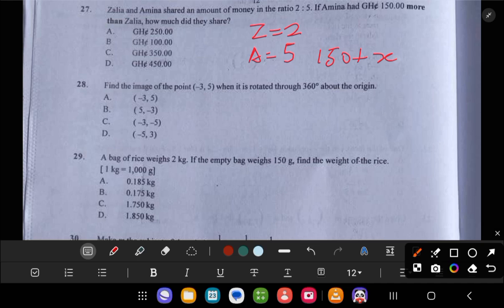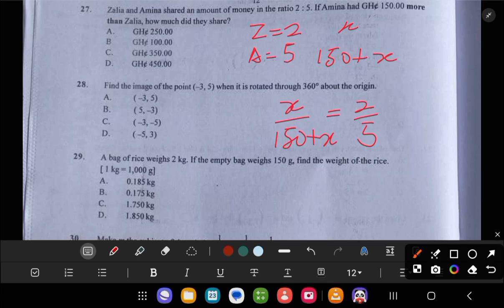Why am I representing with x? I'm representing with x because I want to see that Zalia also had an amount I don't know. So we already have something to work with. So you can just work the ratio out. So x over 150 plus x equals 2 over 5.